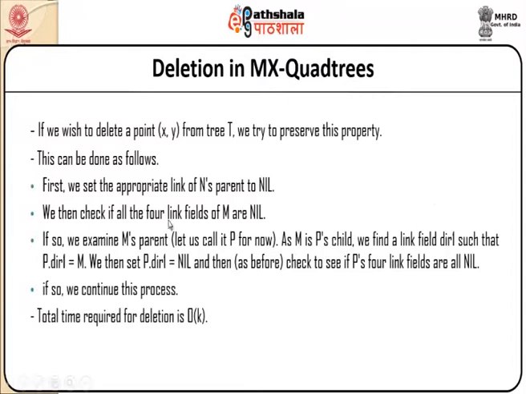First, we set the appropriate link of n's parent to nil. So, the parent link of the node that is to be deleted will be set as nil. We then check if all 4 links of that particular node M are nil.